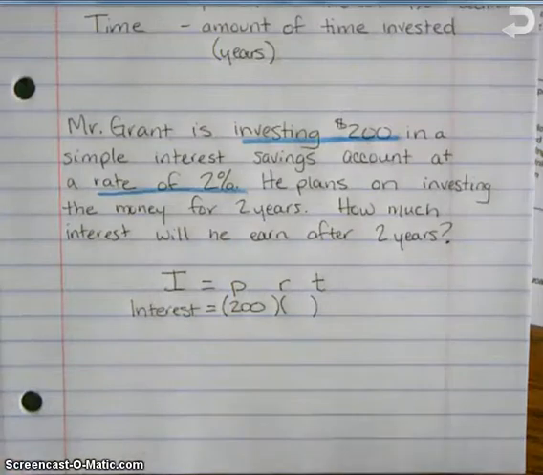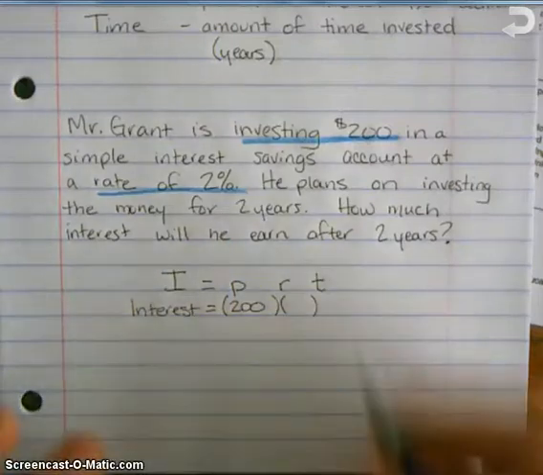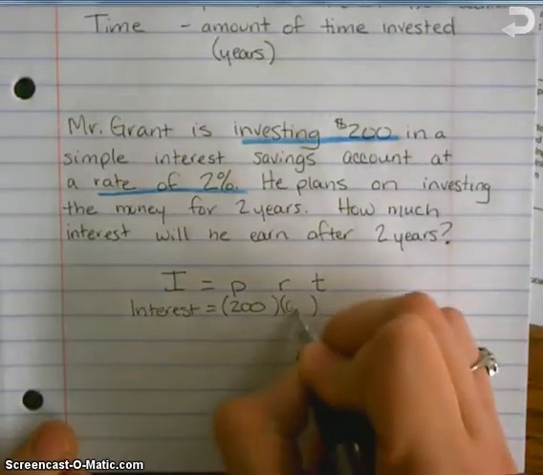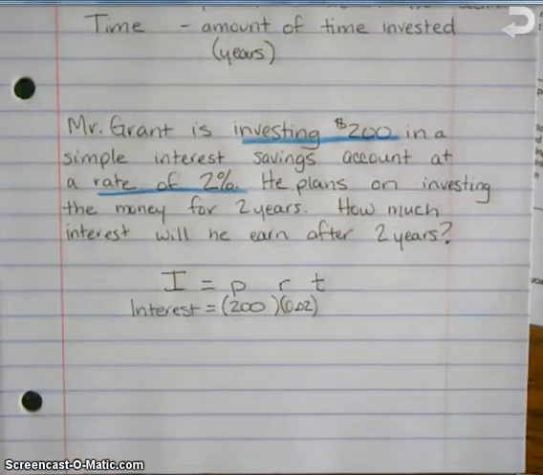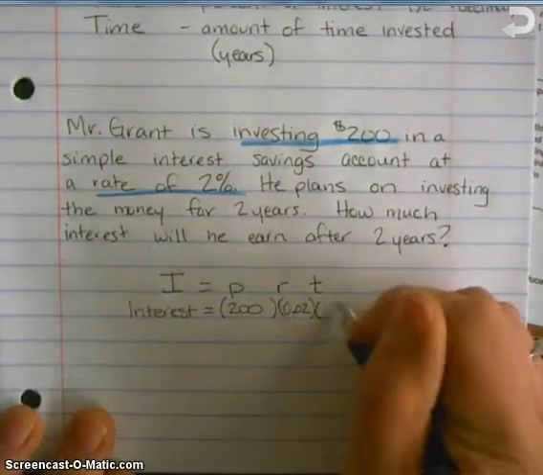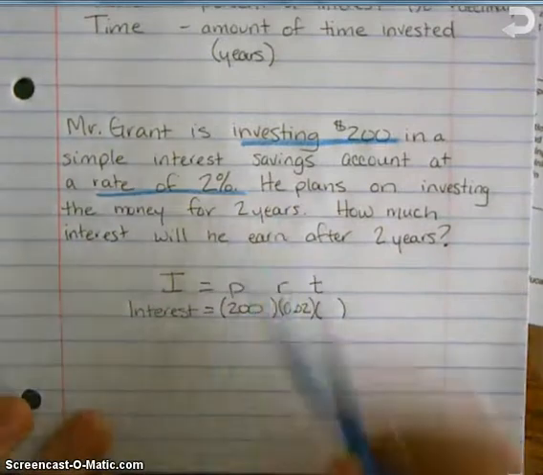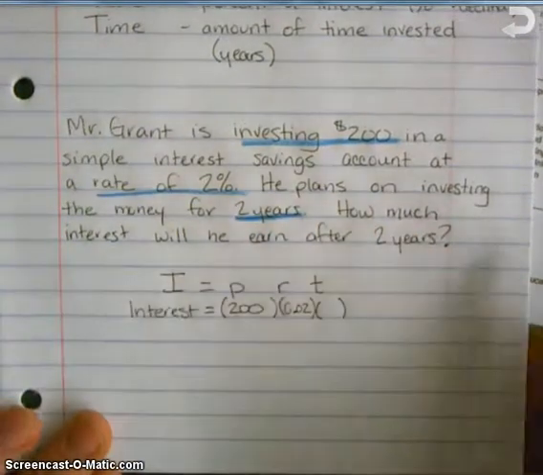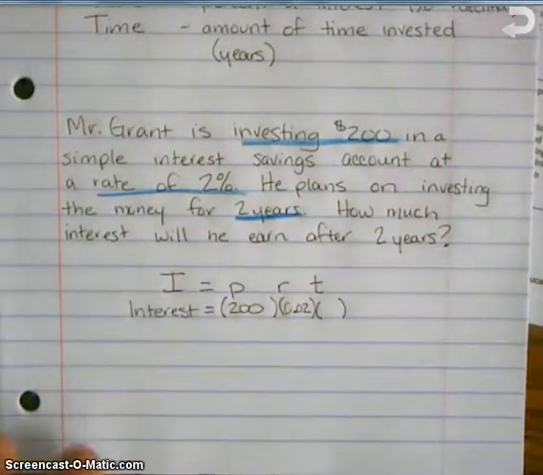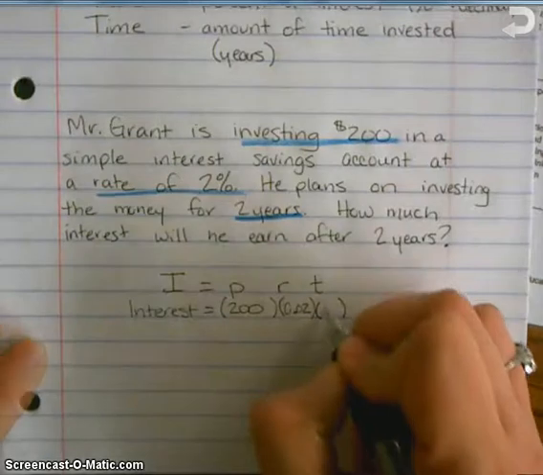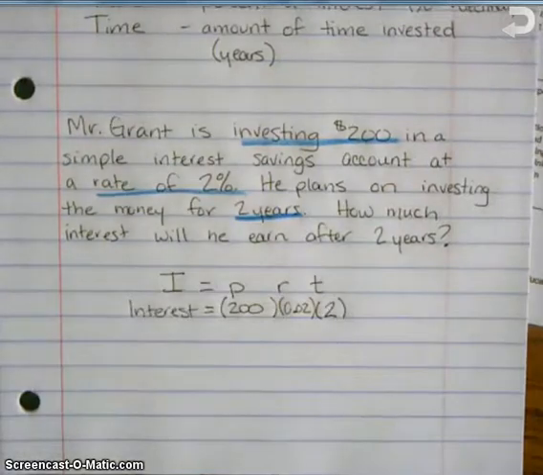It should be changed to a decimal first. So 2% is 2/100ths as a decimal. And time is my last piece. And it says he plans on investing it for 2 years. How much interest will he earn after 2 years? So since it always has to be in years, we're going to put a 2 there.